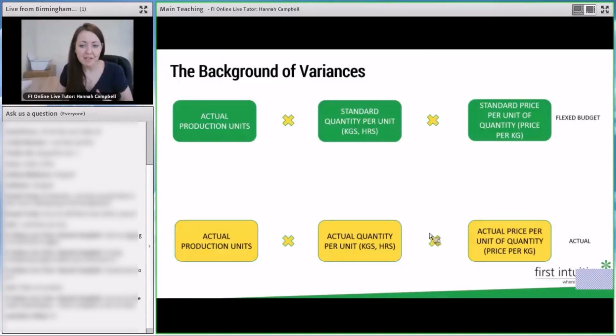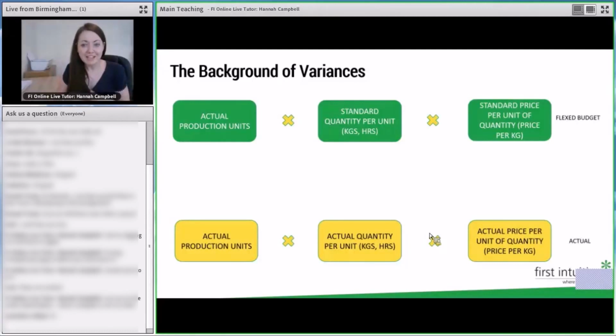Okay, so as we saw, flex budget is always actual units multiplied by the standard cost, broken up into quantity and price. Actual cost can be broken up into actual units, actual quantity, and actual price. Okay, so this is your total variance. But what we want to do is better understand our performance.